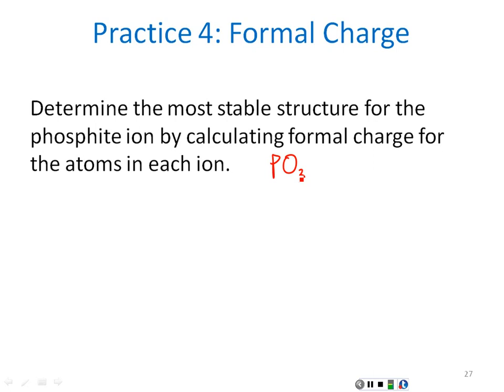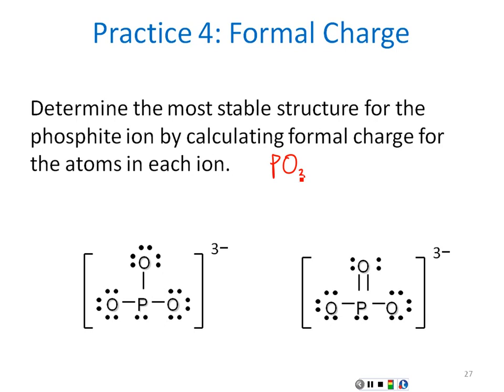And when you do the Lewis structure for this, you should come up with two possible structures. One with single bonds to the center phosphorus atom, and one structure with one double bond.